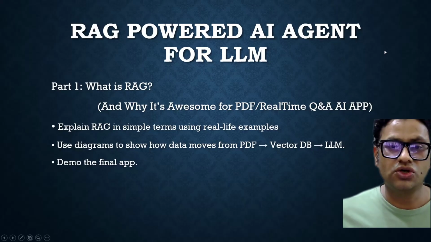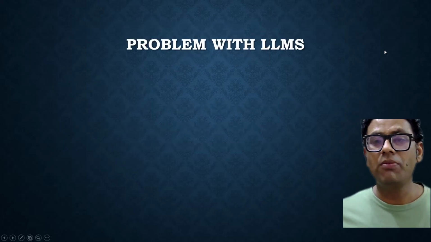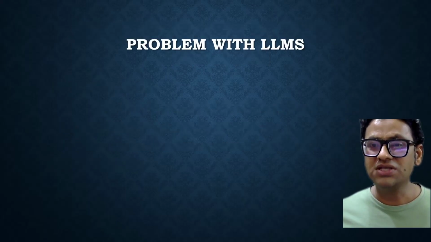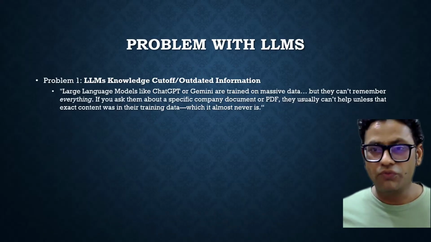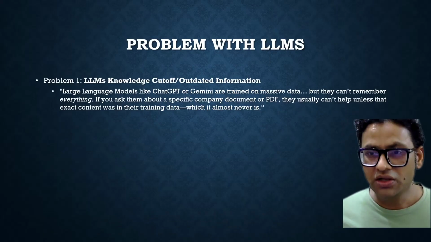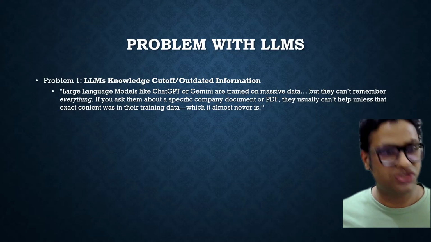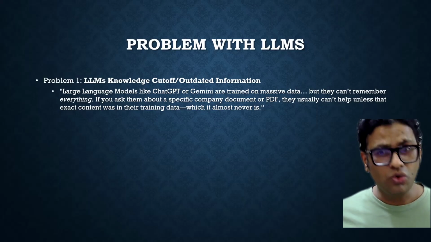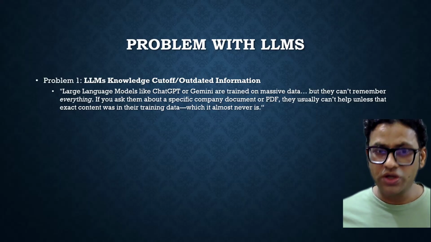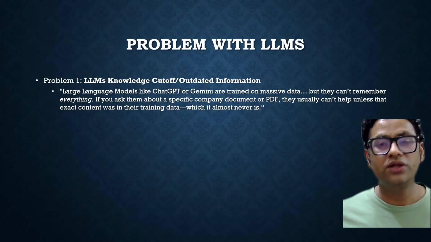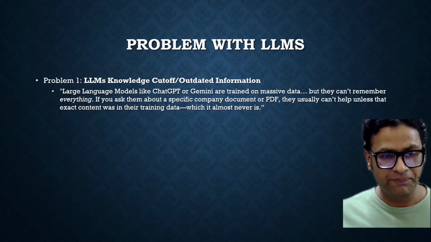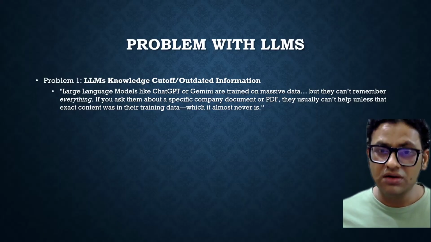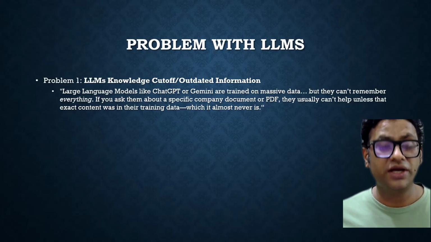Okay, so what are the problems with LLMs? We have to first understand why RAG came into the picture. We all know we are using large language models to make intelligent systems, but these models are trained on some publicly available data. You would have heard the words cutoff date or outdated information.